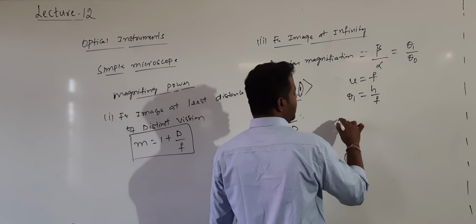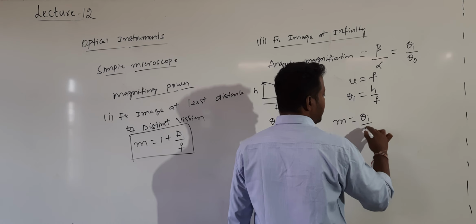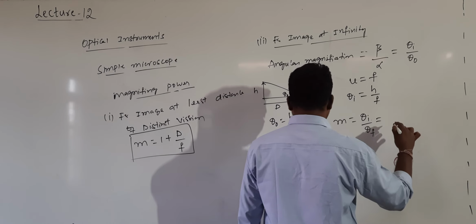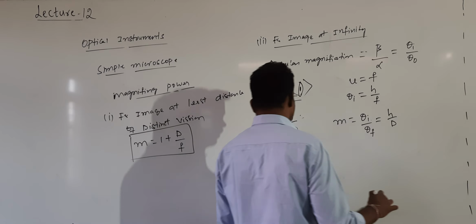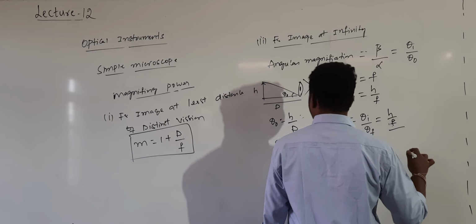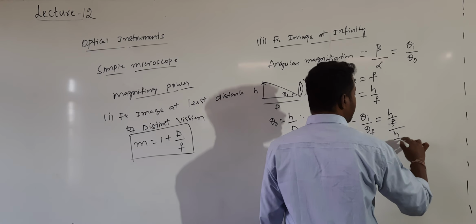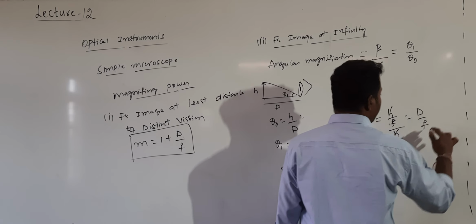Now what is the magnification formula? m is equal to theta I divided by theta o. Theta I is h divided by f, and theta o is h divided by D. The h value cancels, which gives D divided by f.